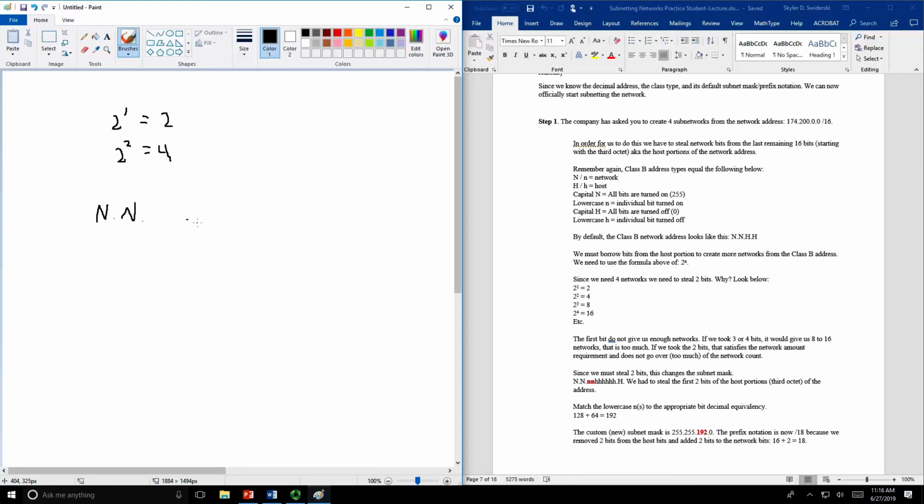The 4th octet would still be a capital H because all the bits in the 4th octet would still be turned off. But we will be stealing the bits in the 3rd octet. Because we're stealing 2, we have 2 lowercase n's and the rest are lowercase h's. So 2 lowercase n's, 6 lowercase h's.